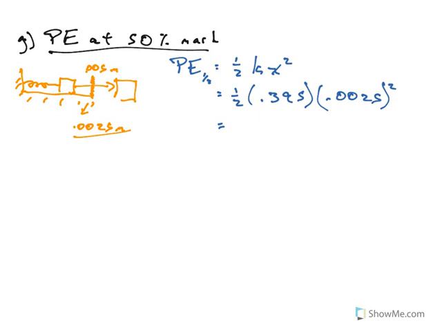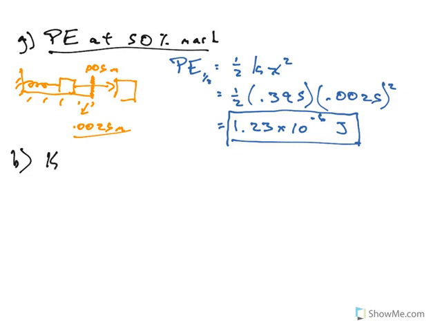Plugging these into our calculator, we get 1.23 times 10 to the minus 6 joules. So we stretched it out to a maximum length of 0.005, we let go, and at the 0.0025 mark, we measure its potential energy there. We find it to be 1.23 times 10 to the minus 6.